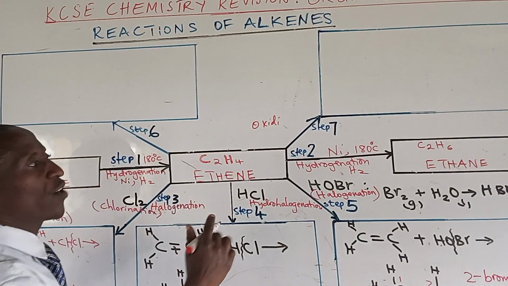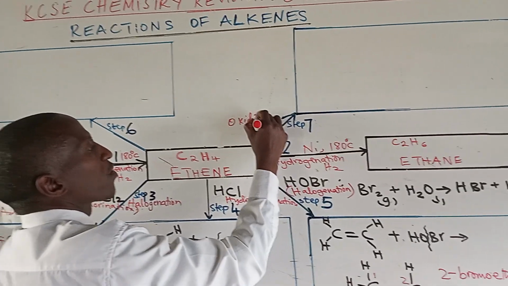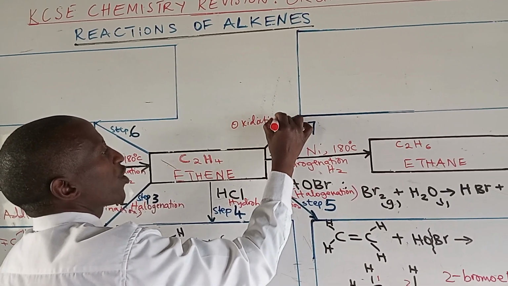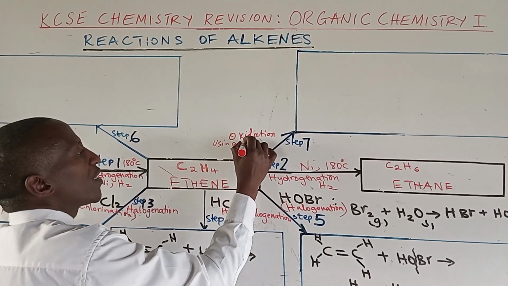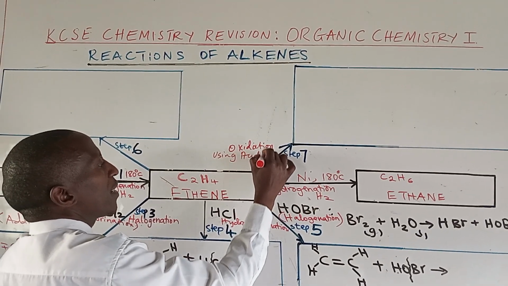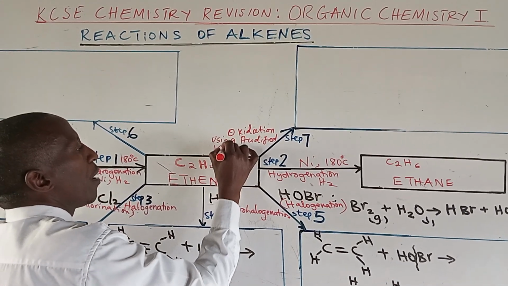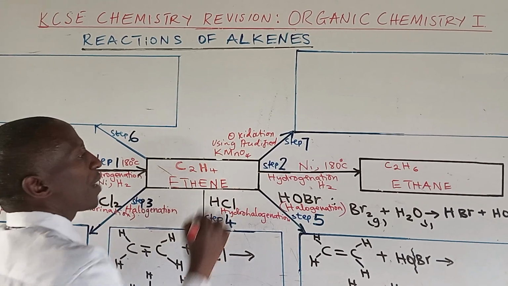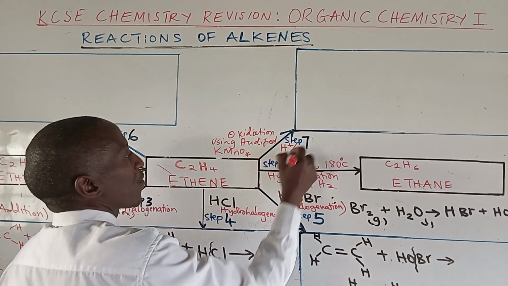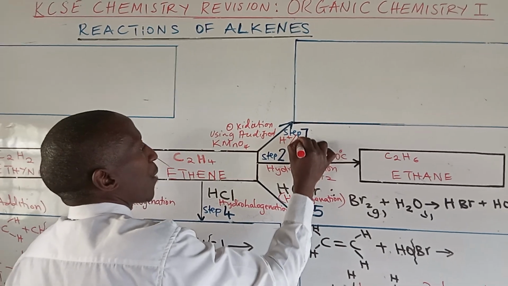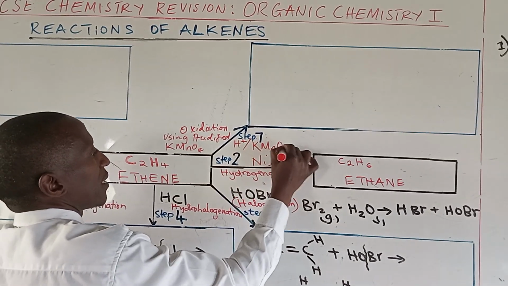So this is basically going to be a kind of oxidation reaction. Using what? Oxidation using acidified potassium manganate solution, which we show as H plus for the acidification and potassium manganate.